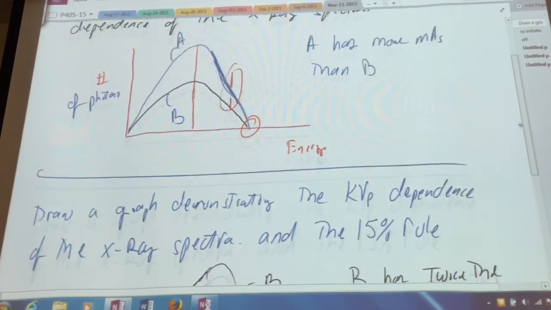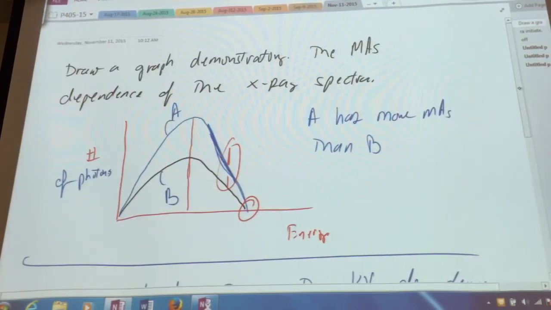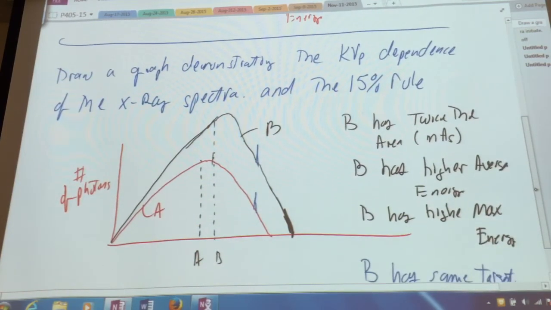So what have we done so far? We've drawn a graph demonstrating the MAS dependence. You've drawn a graph demonstrating the KVP dependence.